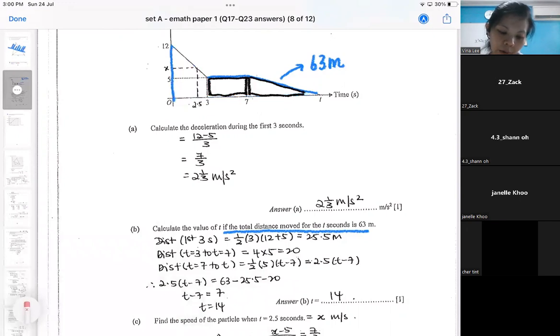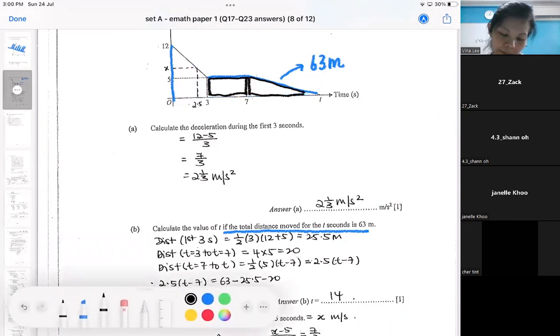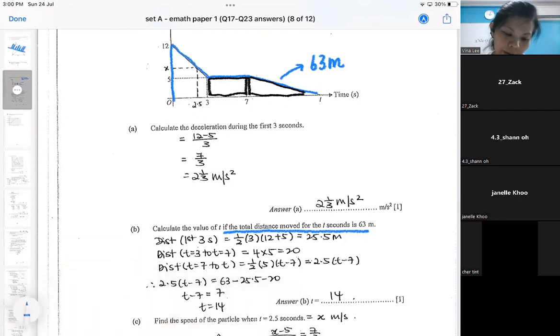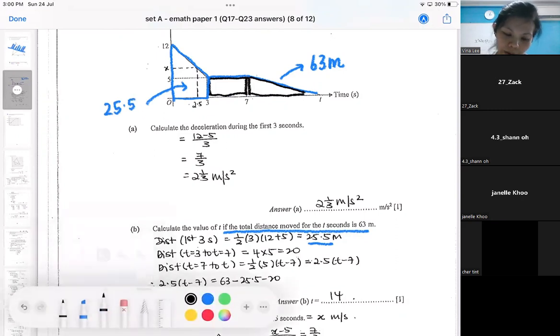So usually I will go about calculating part by part. So in the first 3 seconds, I will calculate this to be 25.5. Then the rectangle is a 20.